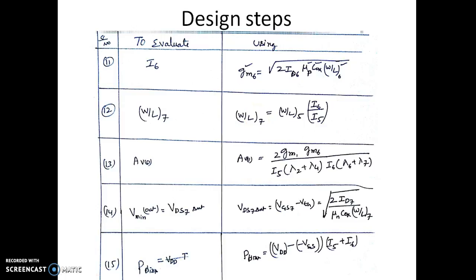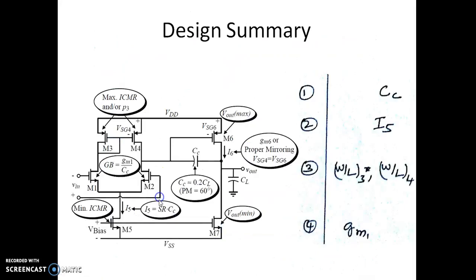Next it is just verification of these parameters, that is AV of 0, because till the 12th step we found the dimensions and different currents and capacitance values of the required two-stage Opamp. Here we just verify whether the DC gain is as per our designed value or not.